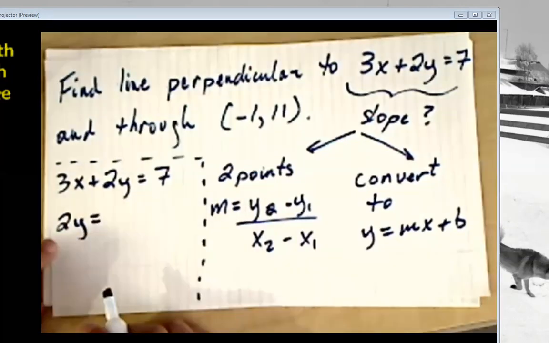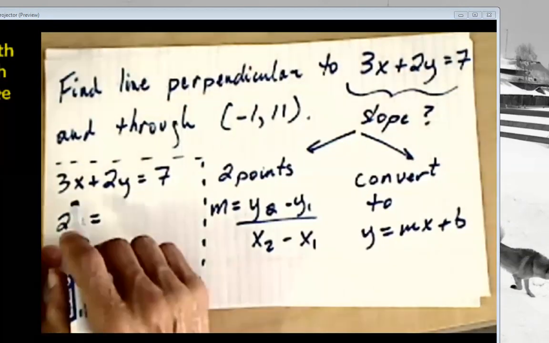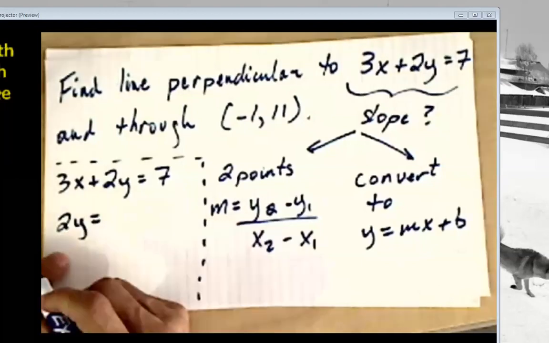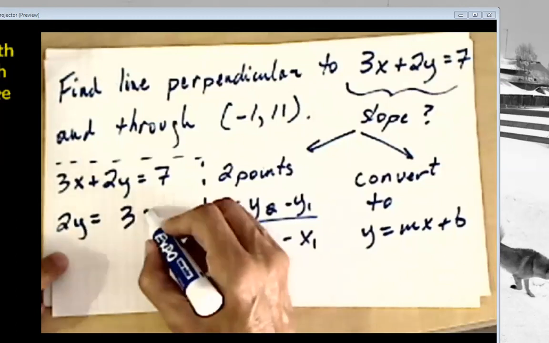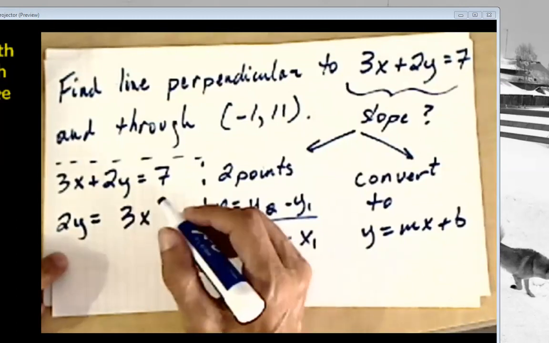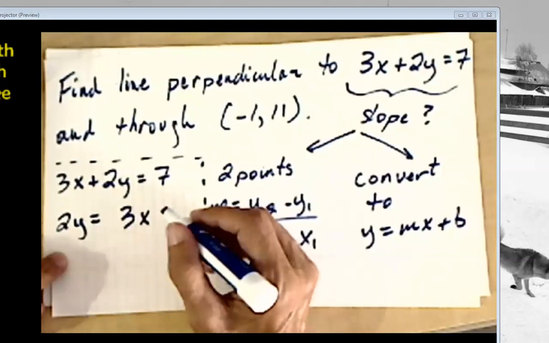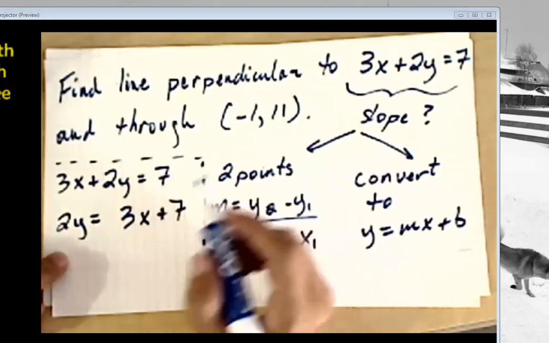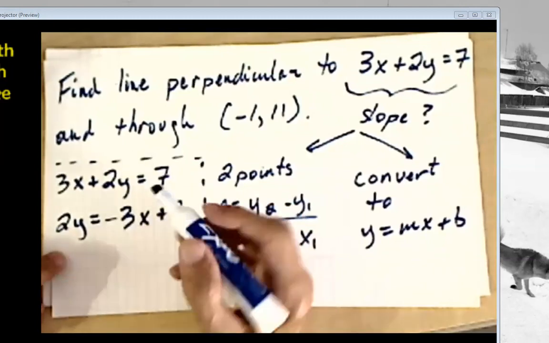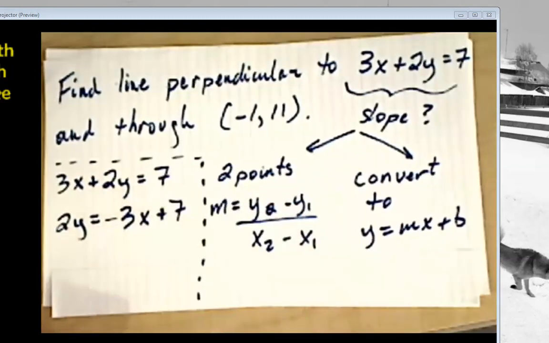That stays there, the 3x. What's going to happen when it crosses to the other side? I'm going to leave a space for something that happens when it goes to the other side. It is plus. Yeah, good. Nice.